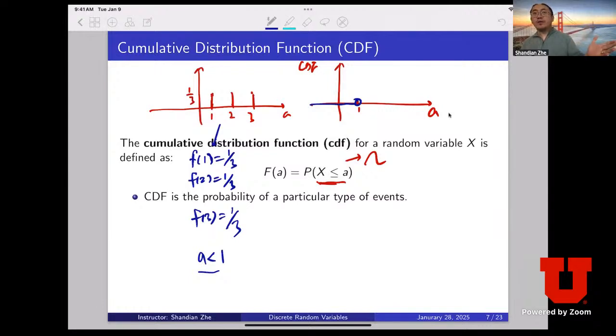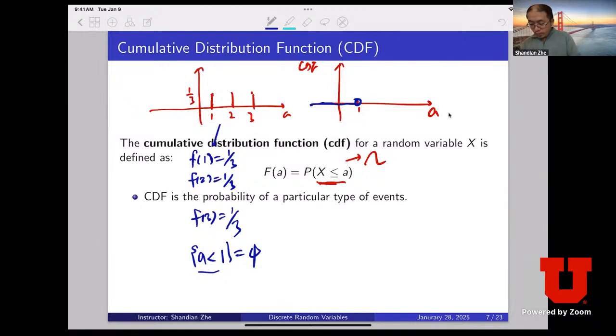The minimum value of the random variable you can get is 1. So that will correspond to an empty set whose probability is simply 0, right? That's why when we draw the CDF curve, you see less than 1, it will be 0.